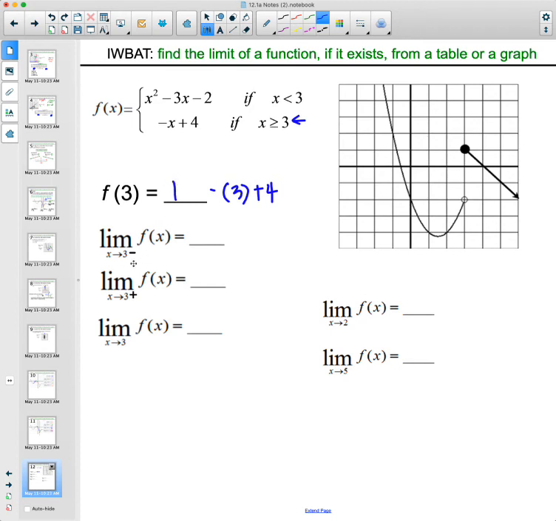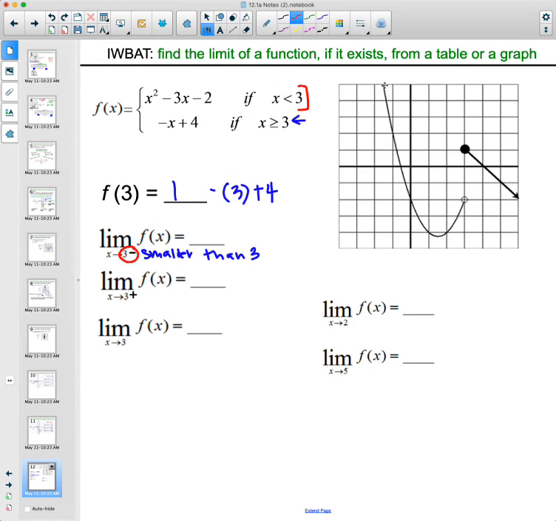Now, if we were going to be doing the limit of f of x as x approaches 3 from the negative side, remember this is smaller than 3. Okay, from the left means smaller than 3. So we're going to be looking for the part up here where x's are smaller than 3. So this is x is less than 3, so we're going to be plugging into this one for the left-hand limit.